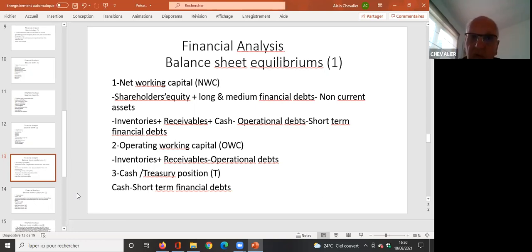It means all financial resources which are supposed to be available for more than 1 year. And we compare these financial resources to the amount of total investment.